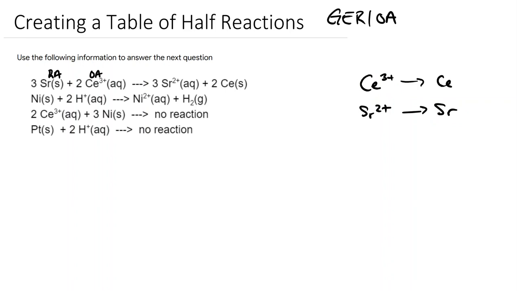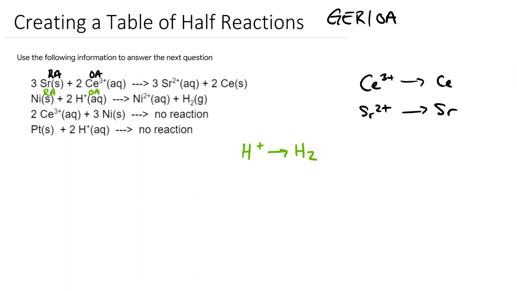Now let's go through again the next one. So nickel and hydrogen. Well, nickel and hydrogen have nothing to do with these elements over here. So I'm going to start making a new table just off to the left. Whatever, it doesn't matter. So the hydrogen ions end up with the electrons. They're gaining electrons. So this is the oxidizing agent, and that's the reducing agent. So I'll put that H plus turns into H2.